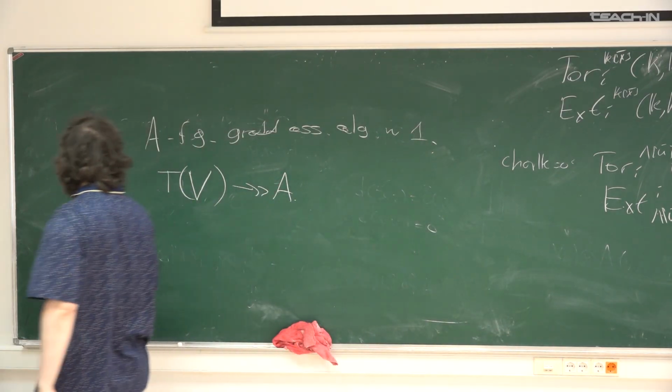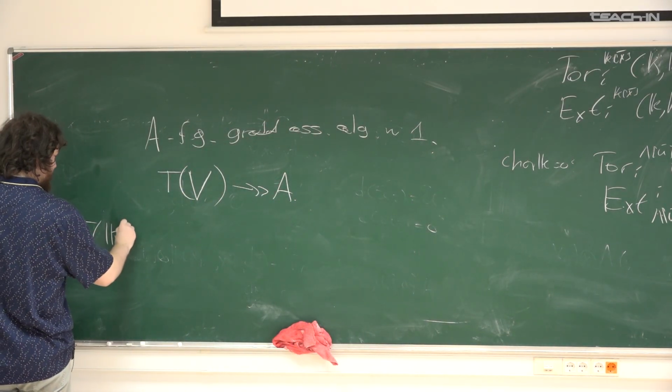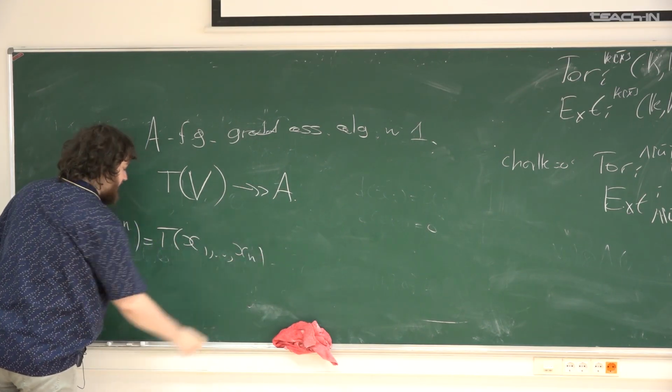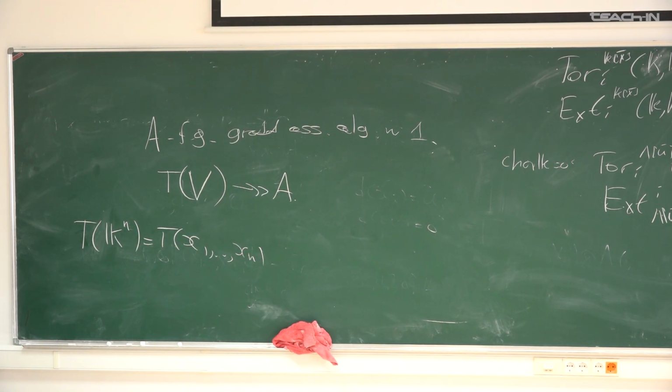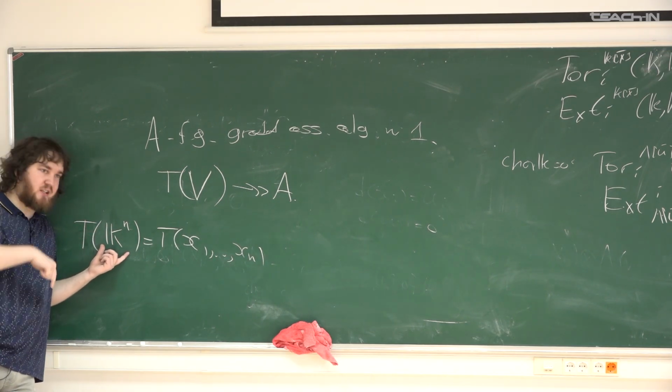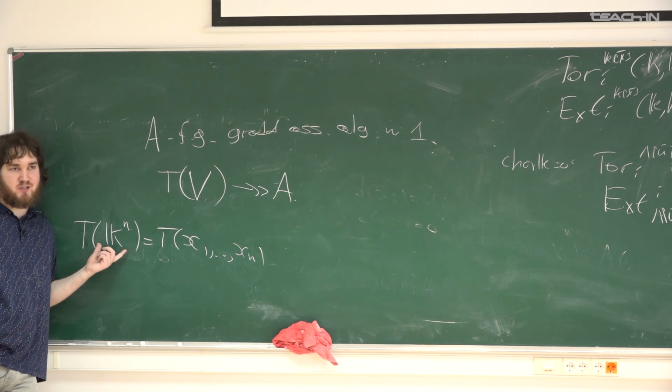For example, T of k^n is the same thing as the free algebra in n letters, because linearity is built into the definition of the tensor product.